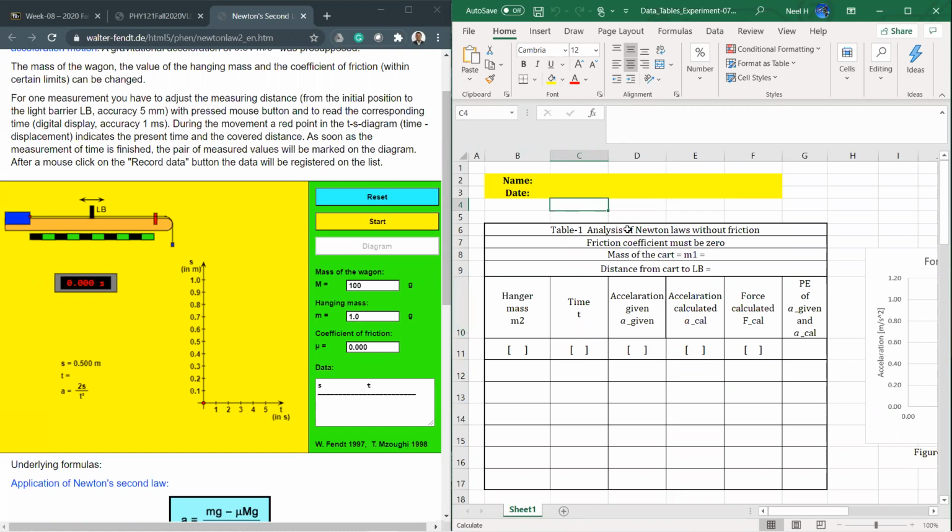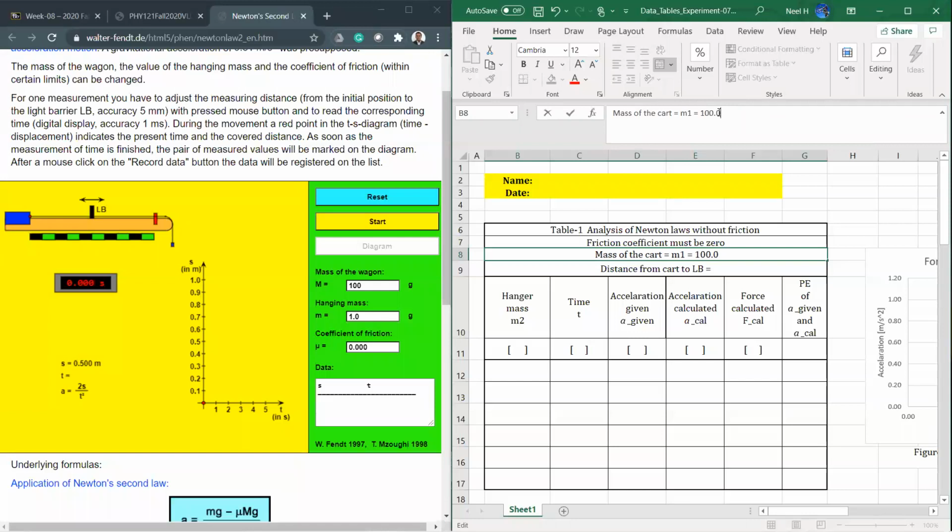Let's start from table number 1. In table number 1, we're investigating the Newton principle, but without friction. Friction must be 0 right here. And the mass of the cart M1, we can leave it at 100. Don't need to change it. That's the automatic number it's selecting. Just leave it at 100 grams.